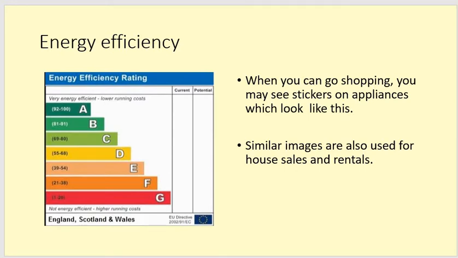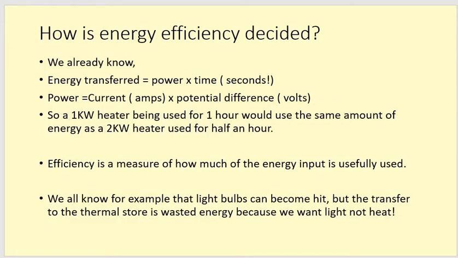When it comes to a house rental or property purchase, you have a current level and a potential if you make some changes. If you're buying an appliance such as a washing machine or a light bulb, obviously the efficiency is the efficiency. It's not a good idea to tamper with it at home to try and make it more efficient, for fairly obvious safety reasons. So how is energy efficiency decided?